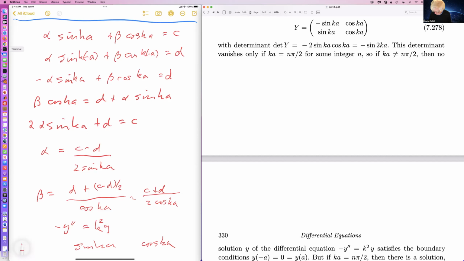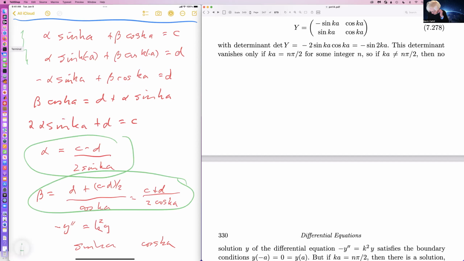Then you impose these boundary conditions, and you get that alpha is equal to this and beta is equal to that. And so what does this tell you?